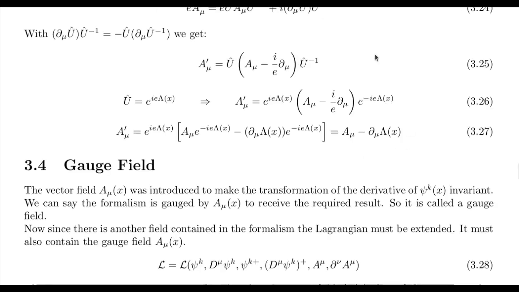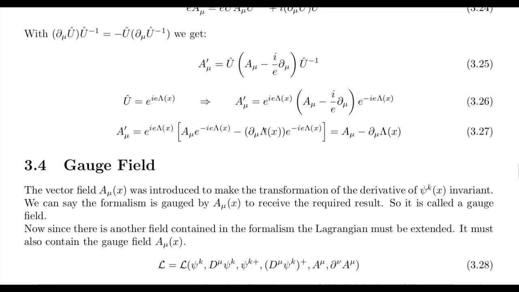Yeah, we now can substitute the unitary operator here. So that means we have this, 326. And then if we first multiply this right factor into the parentheses, then we get this.